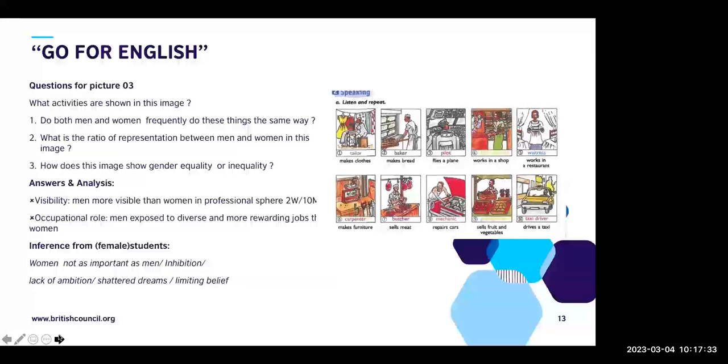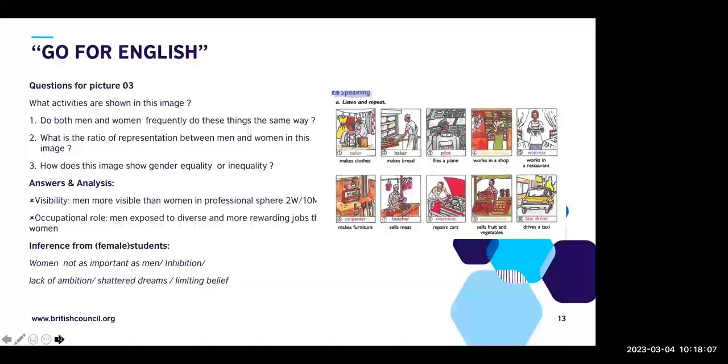Another picture that really shows this gender divide, okay, is after looking at the question and the picture, the analysis that comes out is, in terms of visibility, men are more visible than women in professional sphere. Can you imagine 2 women out of 10 men in these pictures, okay? In terms of occupational role, men are exposed to diverse and more rewarding jobs than women, okay?